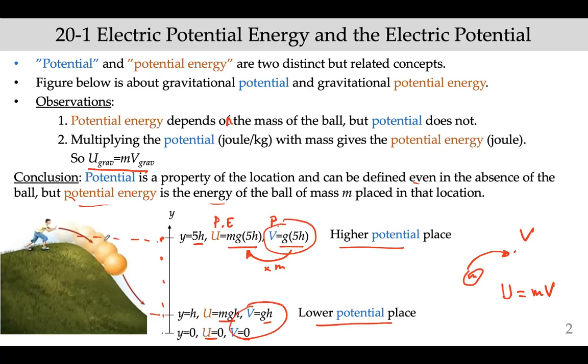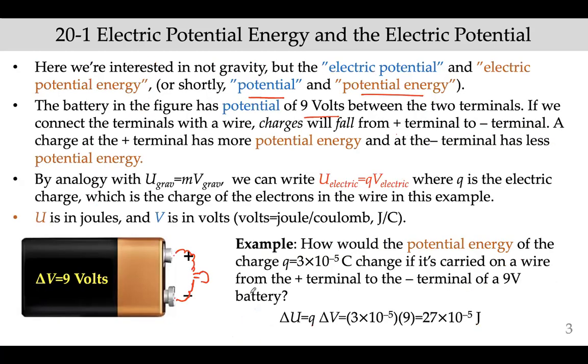So it will naturally move from higher potential to lower potential. The same thing happens with the charges in electric potential. Because this is lower potential, and this point has higher potential, the charges would naturally flow from high potential to low potential. Indeed, that's what gets us the electric current.